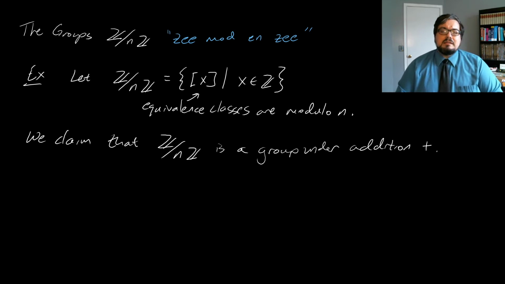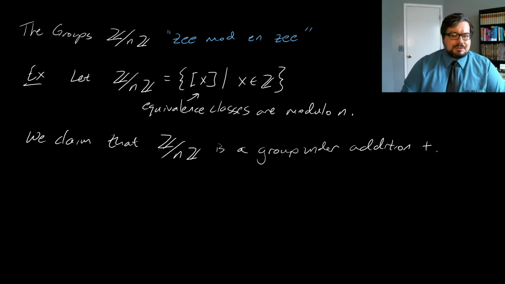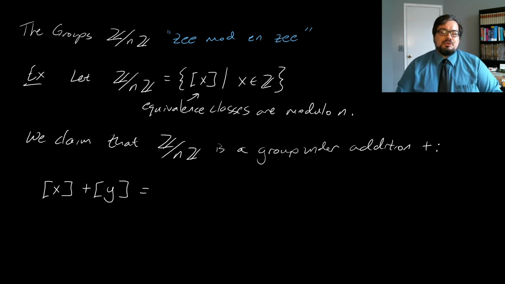Now when we do this, we have to specify, well, what do we mean by adding two equivalence classes? If I take an equivalence class Y and add it to an equivalence class of X, then the natural thing to do here is to look at the representatives of these equivalence classes. These equivalence classes are sets of integers, but they have representatives.